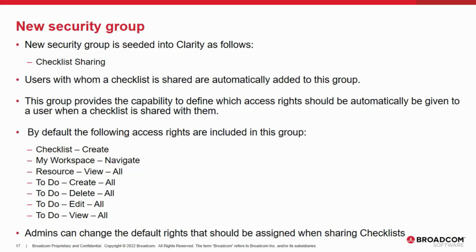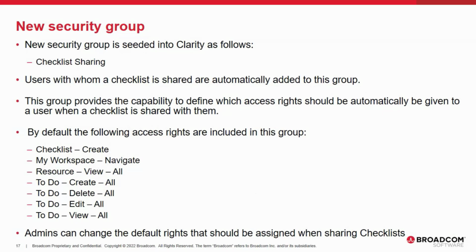Any user with whom a specific checklist is shared will automatically be added to this user group. This user group provides the capability to define which access rights should be automatically given to an end user. Essentially, it allows the administrators to control, when a checklist is shared, what access rights that collaborator gets upon being shared the checklist.